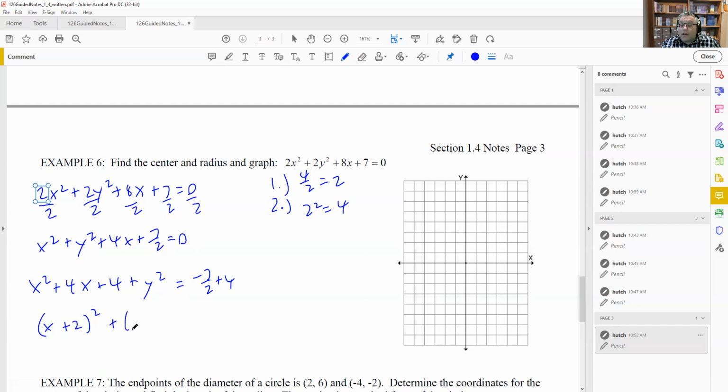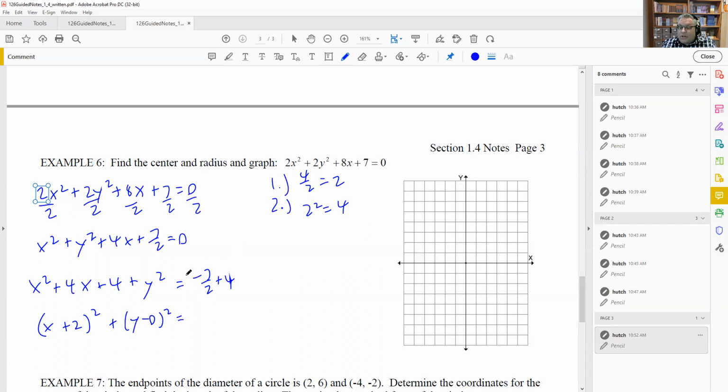Now for the y, you can just write this as y minus 0 squared. You can even do y plus 0 squared. It actually doesn't matter. Y plus 0 or y minus 0 would just be y squared. So you can do either one of those. It's fine. Next, we have a 4, and this part here I want to combine together, so that I can get the center and figure out what the radius is.